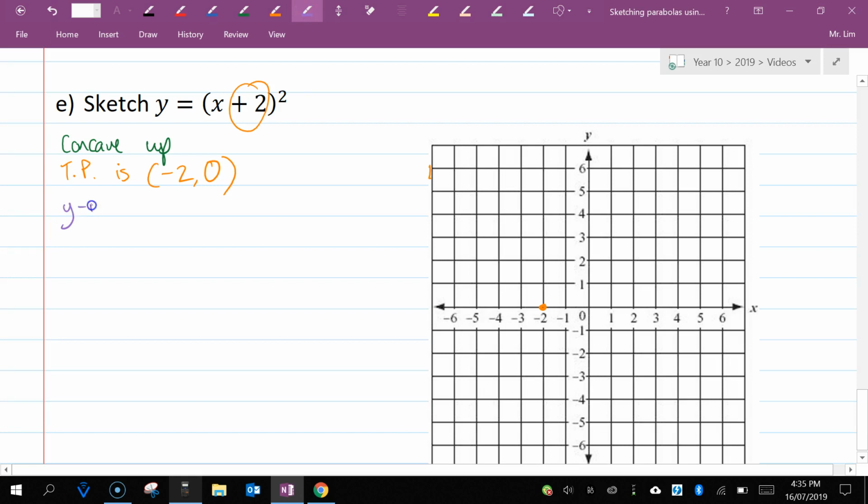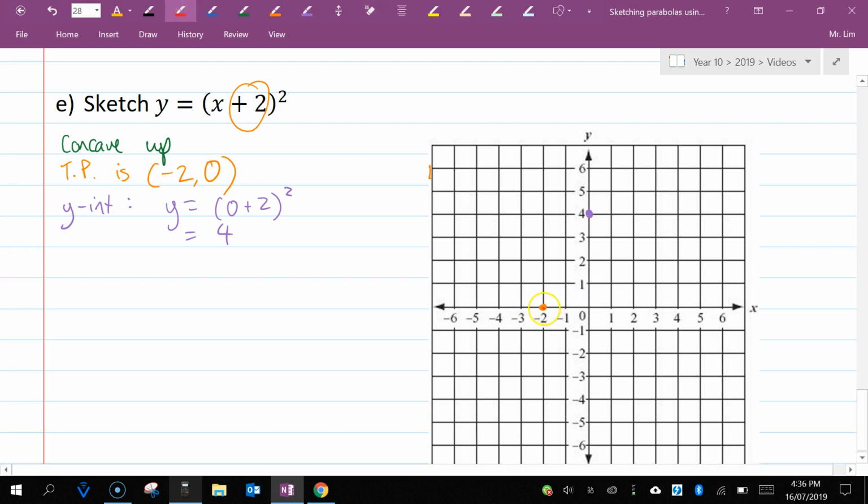Y-intercept. We let x equal 0, which is just 4, since 2 squared is 4. And we don't need to work out the x-intercepts because there is only one. It's right here. So let's just put in the other point to make our graph neat.